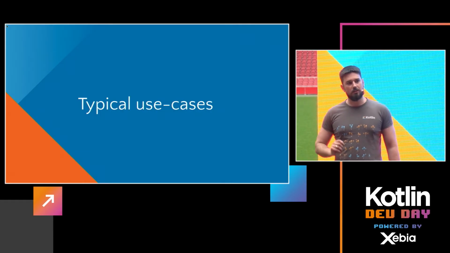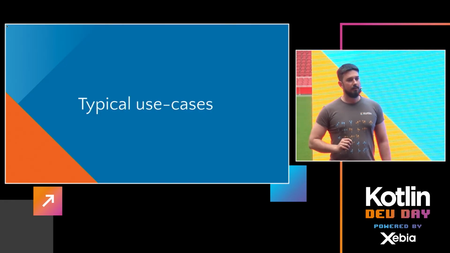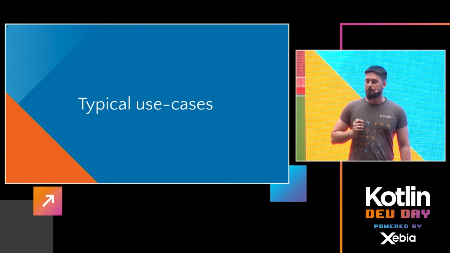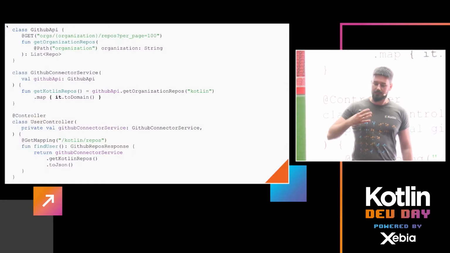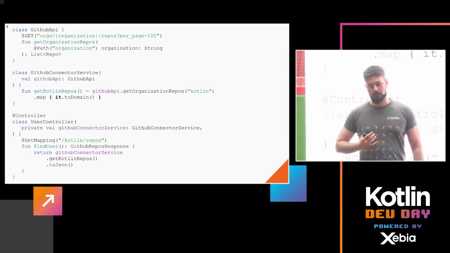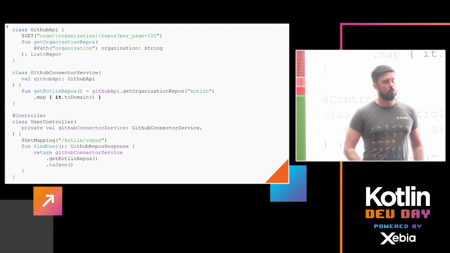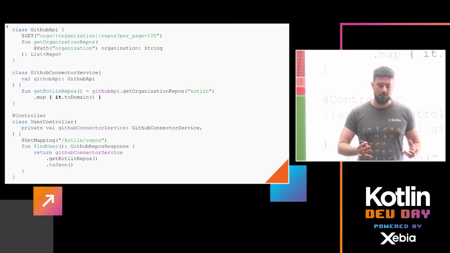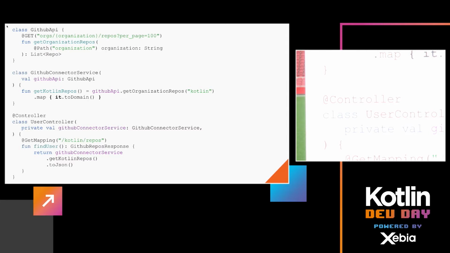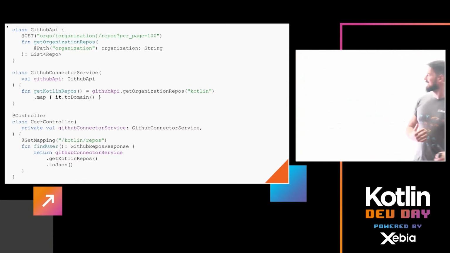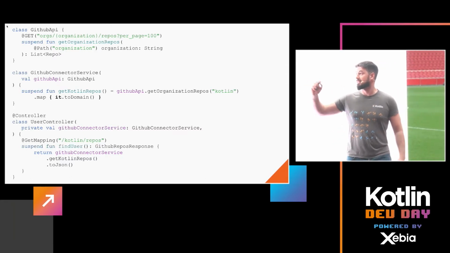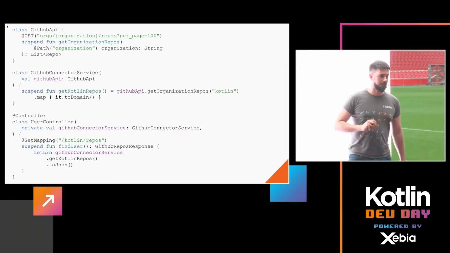Okay, so let's cover typical use cases. I will target mainly Android and backend. And I must start by saying that if you are lucky, thanks to the great support offered by the community, by libraries, in many projects to introduce coroutines, especially on backend, it is nearly enough to just introduce a suspend function here and there.